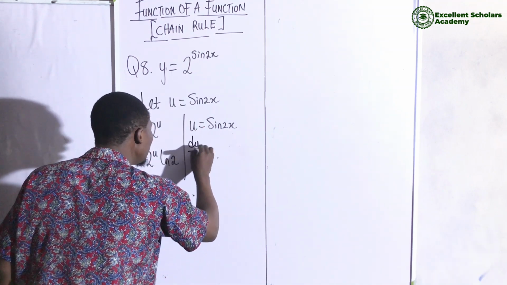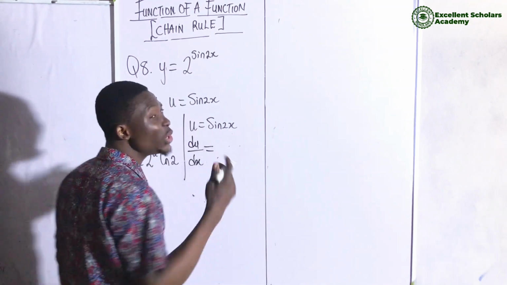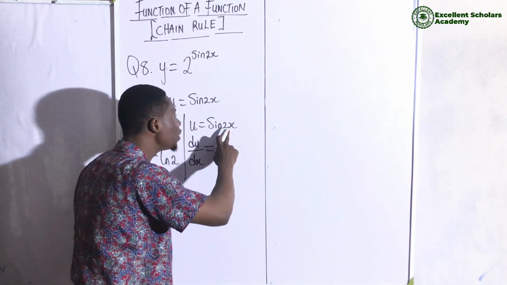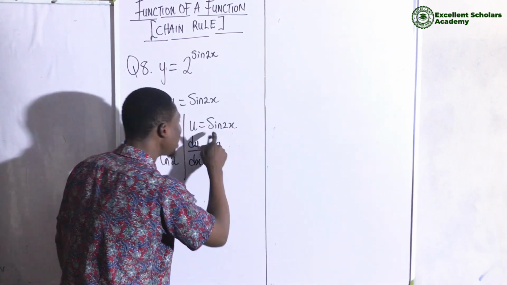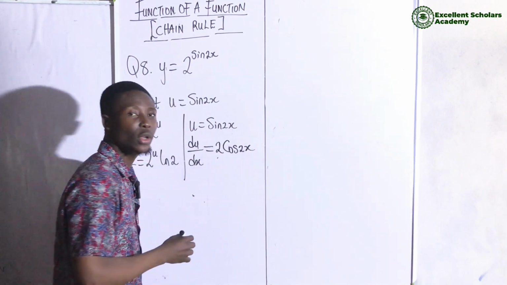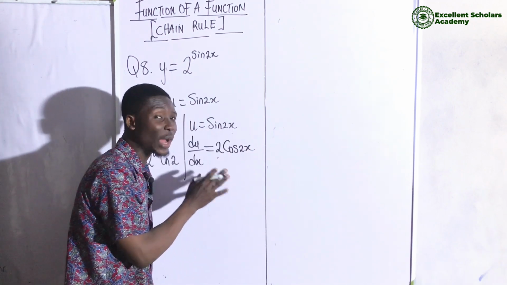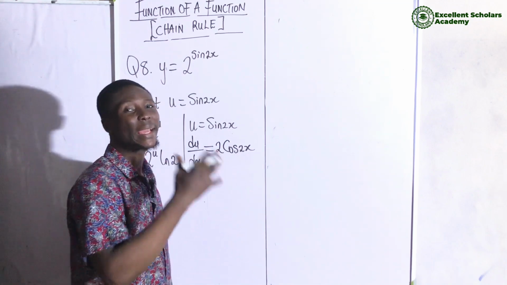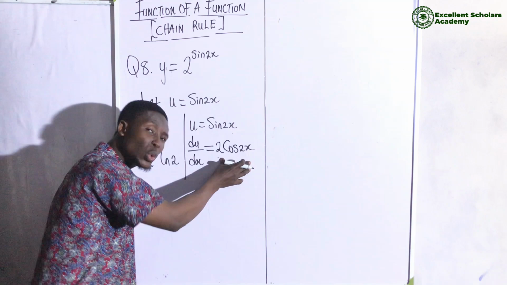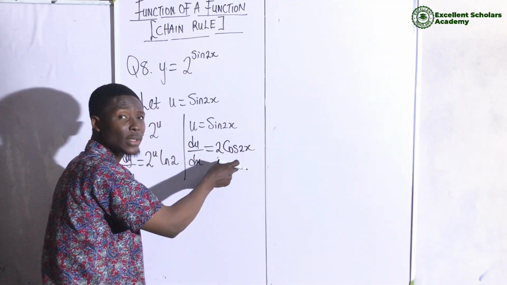One of the tricks to differentiating a chain rule is to differentiate the inside function. So differentiate 2x, you get 2. Now differentiate sine, you get cos, then with the 2x. So this can also be differentiated by chain rule, or function of a function. Though I did not show that, you could go through that and see you get this.